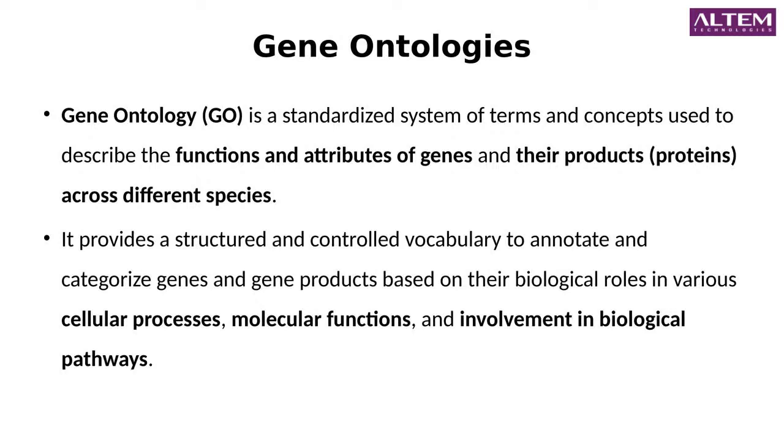Next we can perform gene ontology, which is a standardized system of terms and concepts used to describe the functions and attributes of genes and their products across different species. It provides a structured and controlled vocabulary to annotate and categorize genes and gene products based on their biological roles.